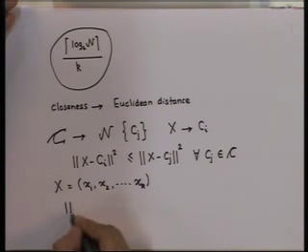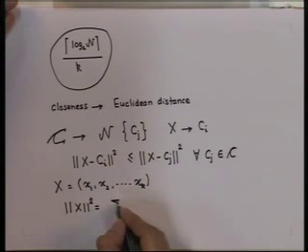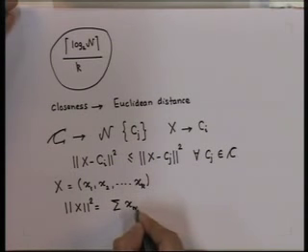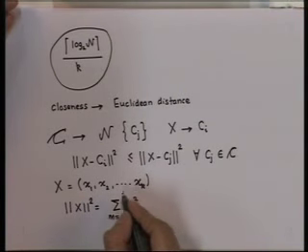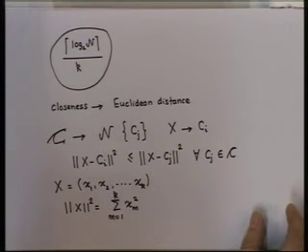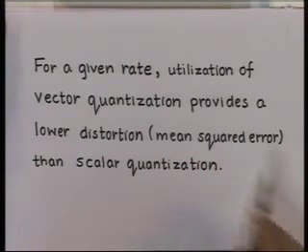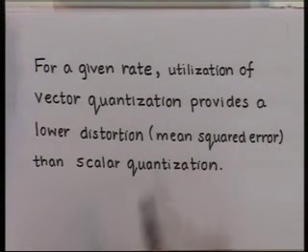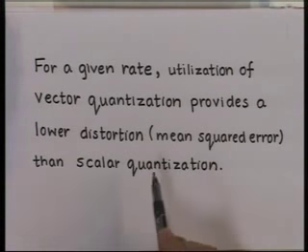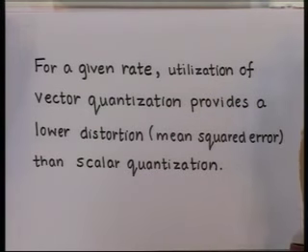and norm is defined as summation x m squared, m equal to 1 to k. Now, it is possible to show theoretically that for a given rate, utilization of vector quantization provides a lower distortion, that is mean squared error, than scalar quantization.